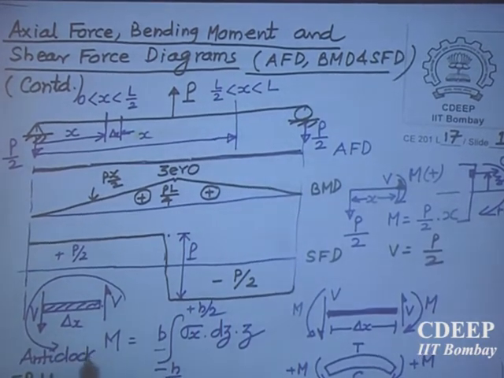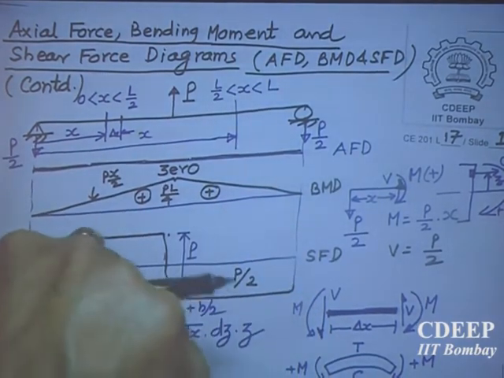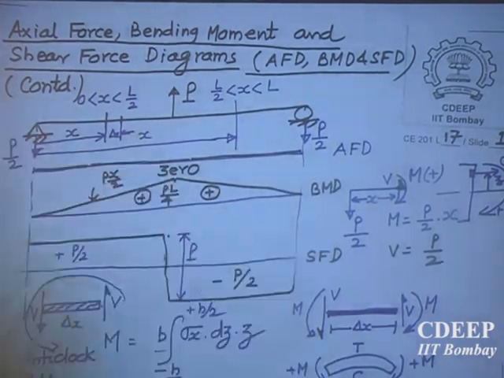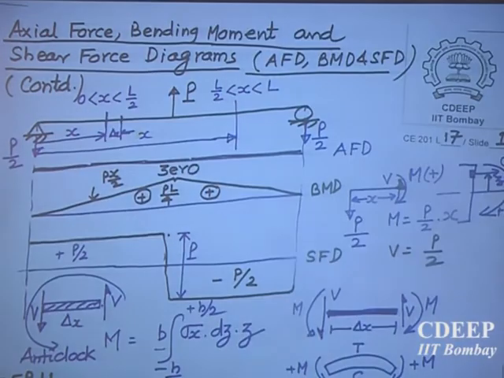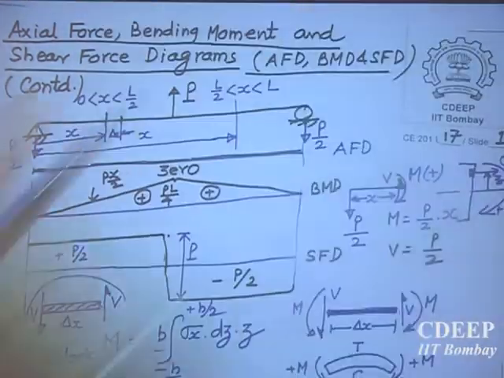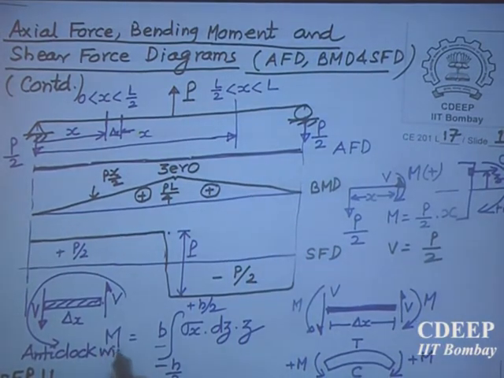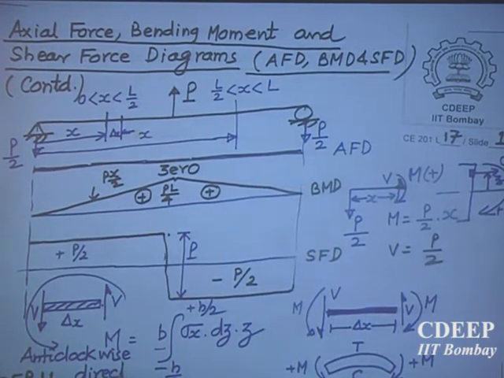So a positive shear force, as per our sign, rotates the element in the anti-clockwise direction. That means not about the y-axis, but the negative y-axis. Y is along that, so anti-clockwise direction. But I don't think there is a need to remember this.